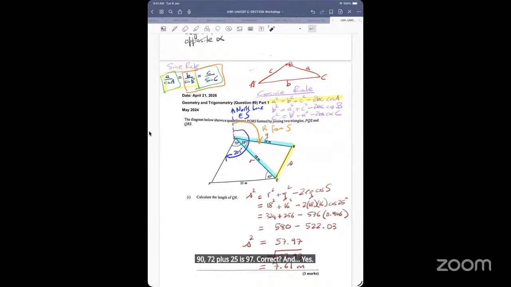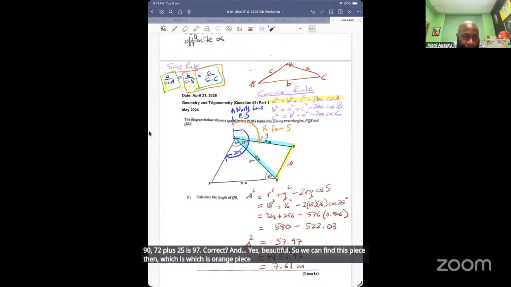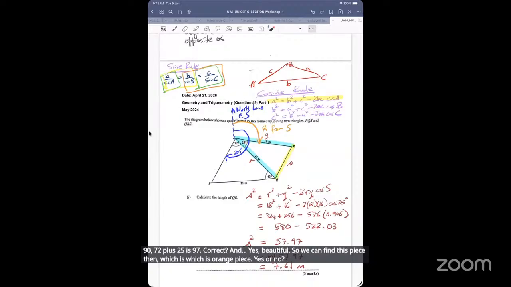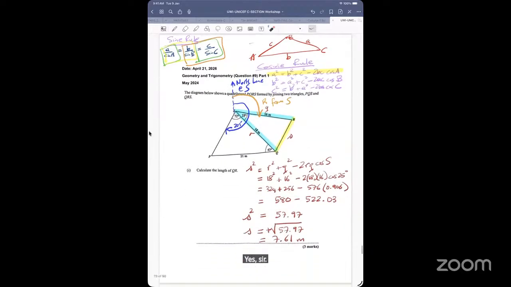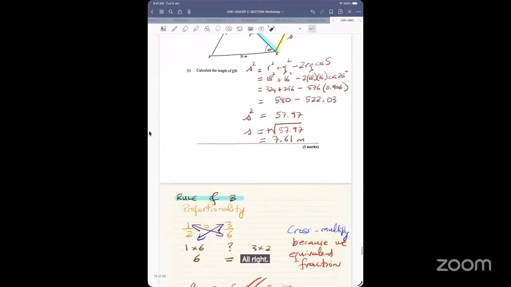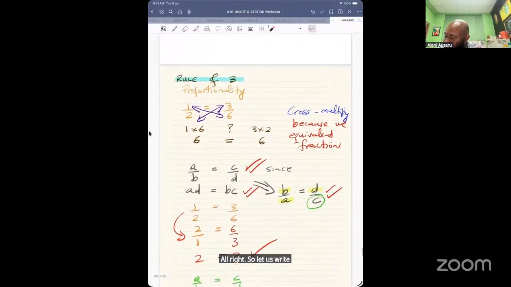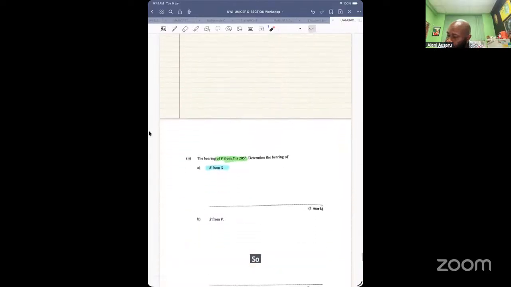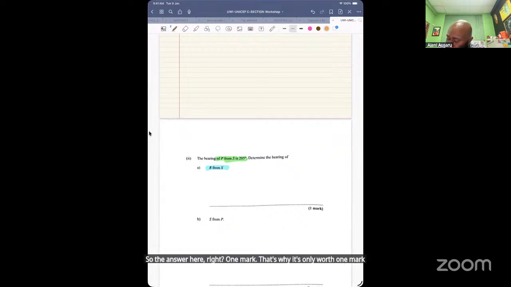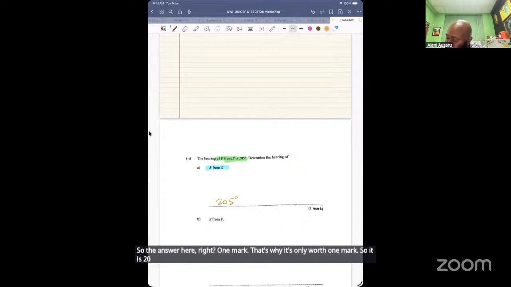Beautiful. So we can find this piece then, which is the orange piece, yes or no? All right, so let us write the answer in for you. 1 mark. That's why it's only worth 1 mark. So it is 205 degrees minus the 72 plus the 25.